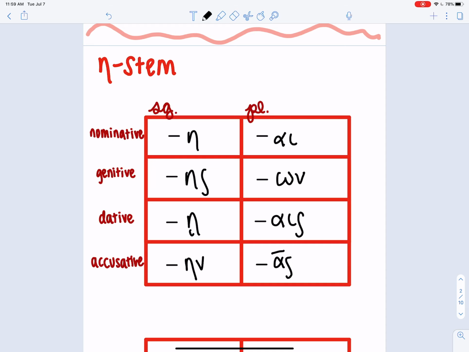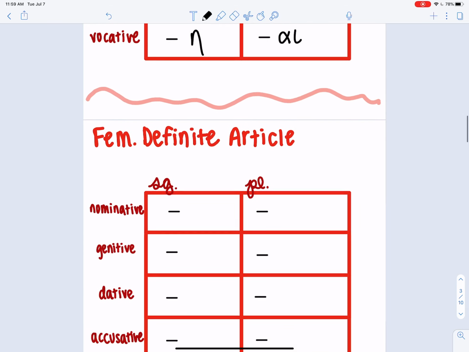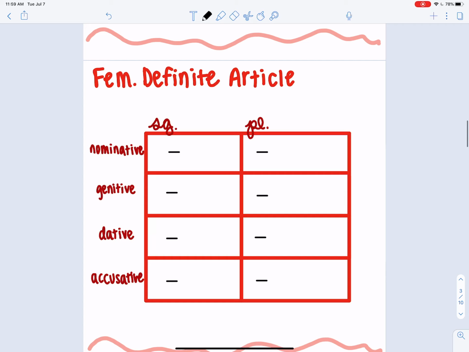Now let's move on to the definite article, which we translate like the word the in English. So the nominative singular is he, eta with rough breathing, specifically it has to be rough, and genitive is tes, so tau eta sigma with a circumflex over the eta.